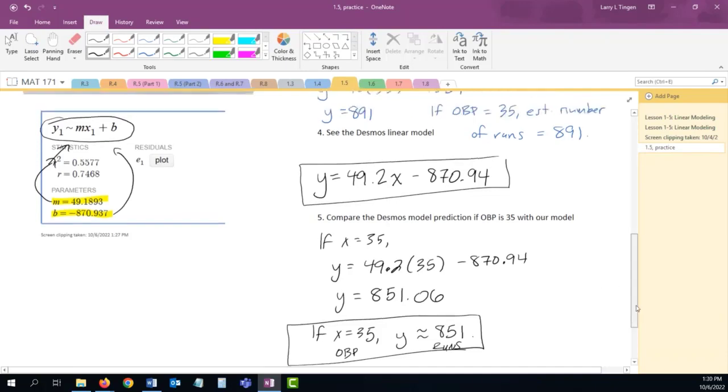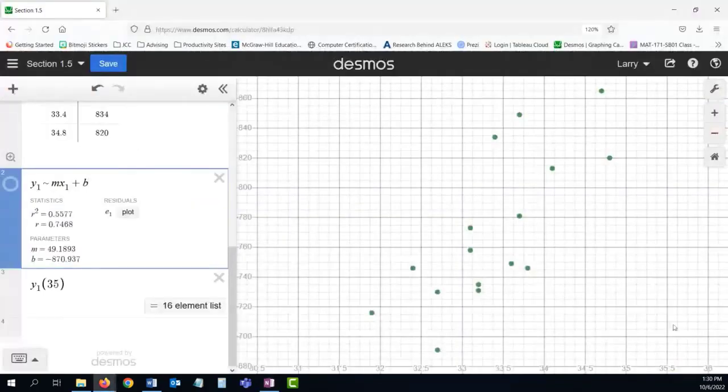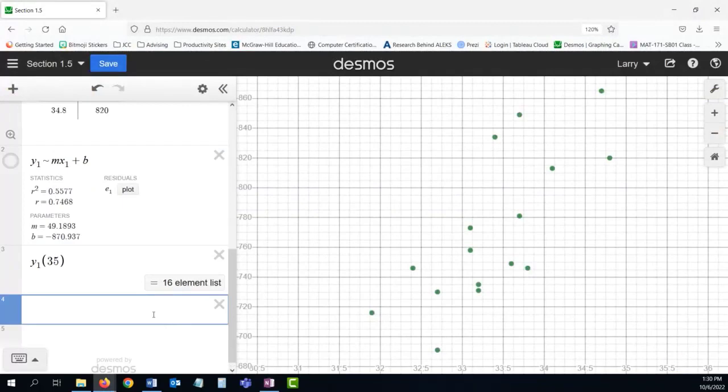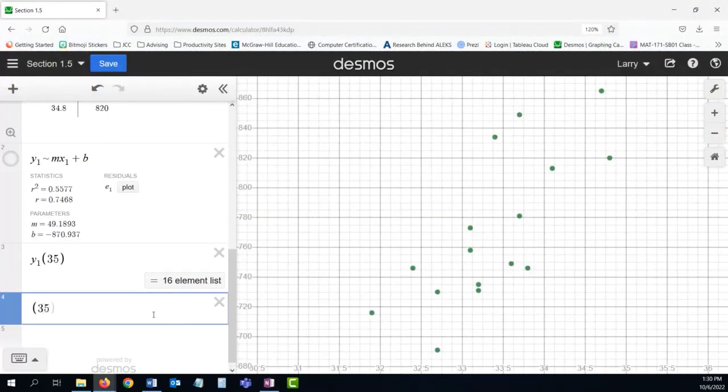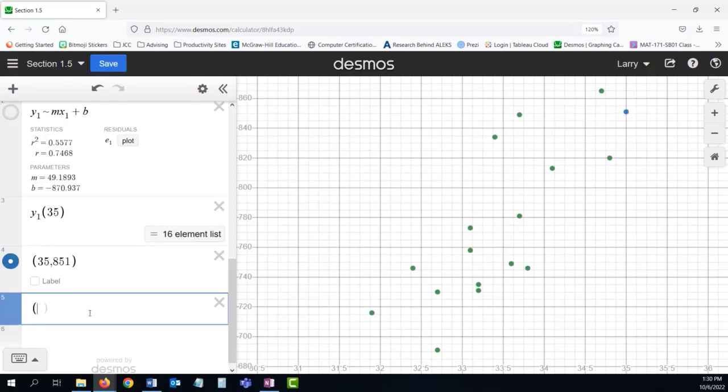Right. So let me show you where these are on the graph and then see if you can answer that question. If I list 35, 851, you see it pop up over here? There it is, right there. That seems to fit along with our data. This is the point we get by following the equation given to us by the Desmos linear regression.